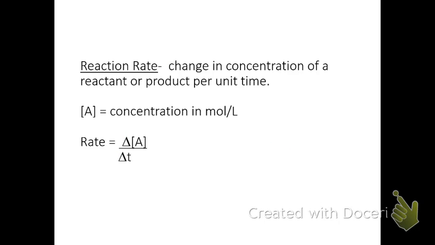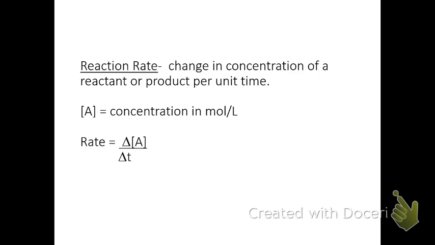So that brings us to what reaction rate is. It is the change in concentration of a reactant or product per unit time. So A, of course, is our concentration, so change in concentration over change in time. Remember, when we see that bracket around a substance, that always means concentration.